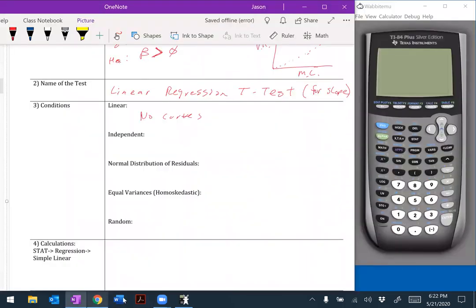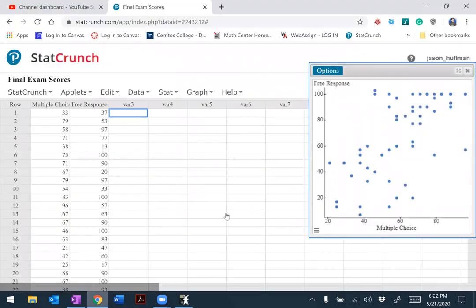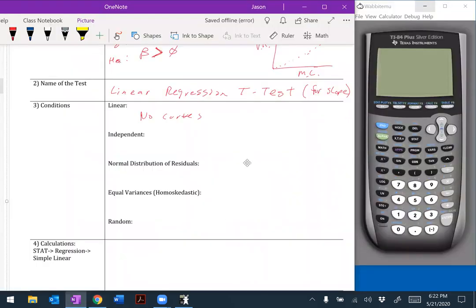Go back to the plot. No curves. Independent, we're going to say that is assumed. Normal distribution of residuals. We're not going to calculate the residuals. We're just going to assume that's true as well.